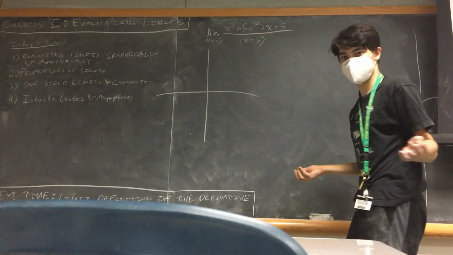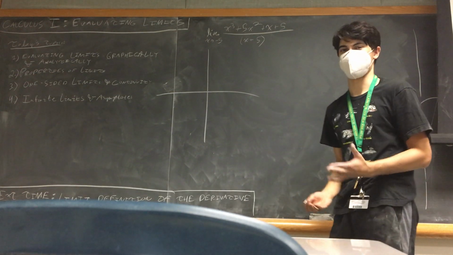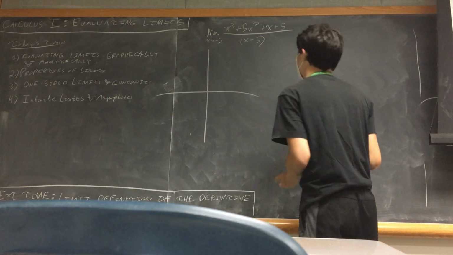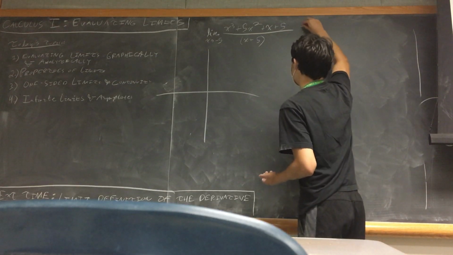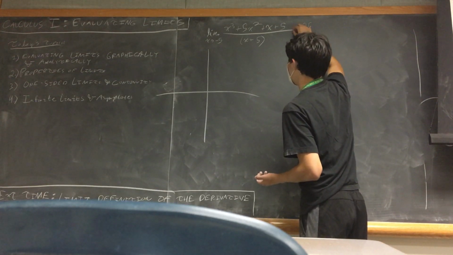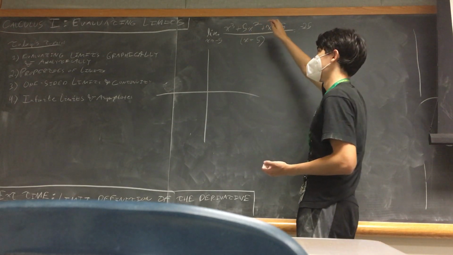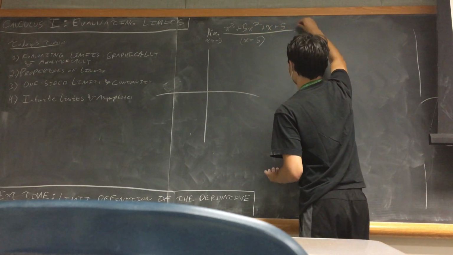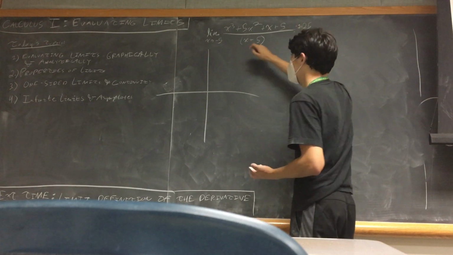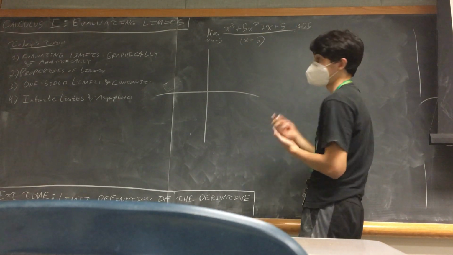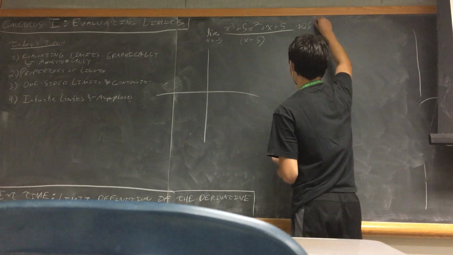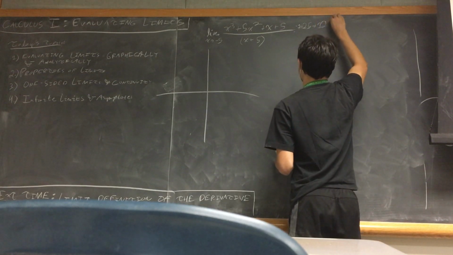So if we try direct substitution, let's see if it is a continuous function now. So we get -5 cubed, which is, oh no, that's -125, sorry. So -125. -5 squared is 25, times 5 is plus 125.